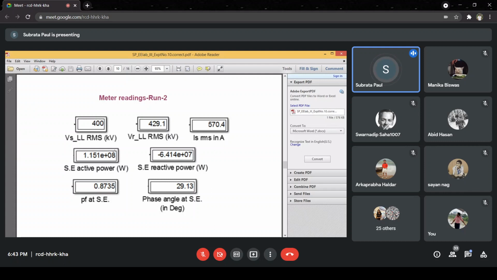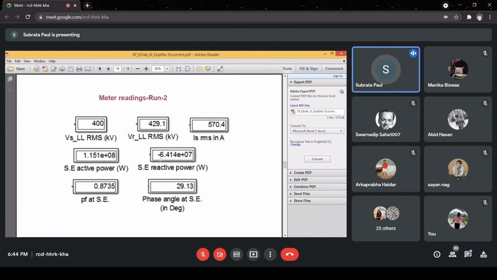So this is again due to a numerical problem. This should be 300 megawatt, but the sending end active power is coming 345 megawatt. Later I will check, because initially I didn't check the simulation; others have done it. Ideally this should be 300 megawatt, but because of numerical limitation of the simulation it has become slightly more, 345 megawatt.